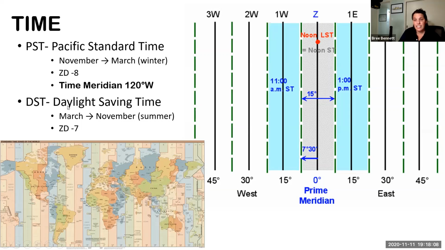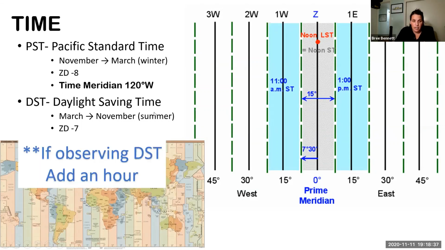Bringing it back to tides, our tide book is going to be on standard time zones. So if we are using daylight savings time, we need to put a correction on the hour for our times in our tide table book. What we look at is that time meridian at the bottom.